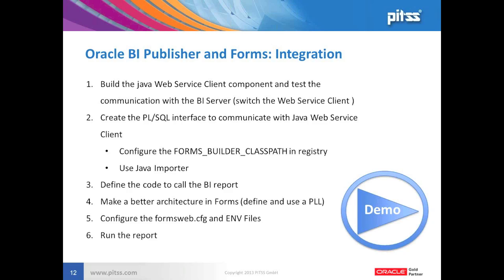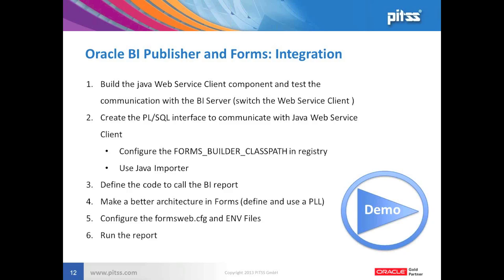When this is done, we will define the code in the form to call the BI Publisher report, and then we will show you how to organize the program units a little better in the new module to have a better architecture. Then we will configure the forms CFG and the M files to run with our new module, and at the end we will run the module.